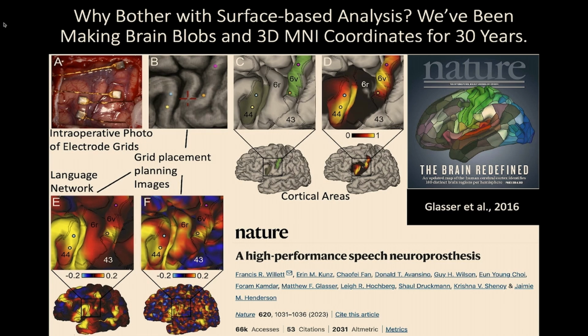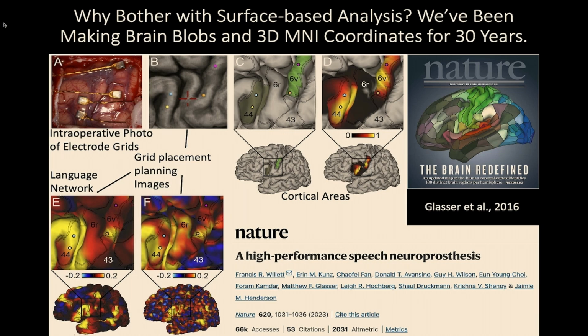We have a patient who has Lou Gehrig's disease, or ALS, and is no longer able to speak, and has enrolled in a clinical trial to try to have a brain-computer interface that will enable them to speak basically just by thinking.